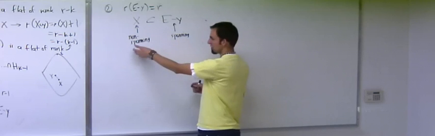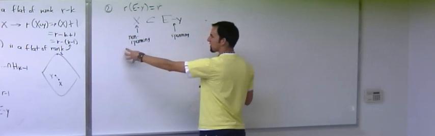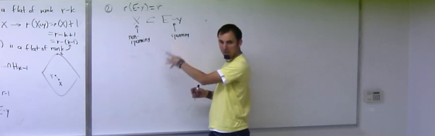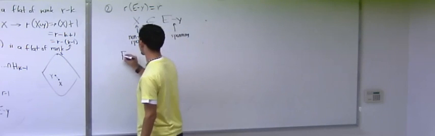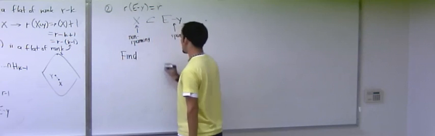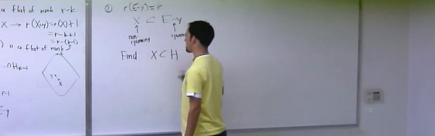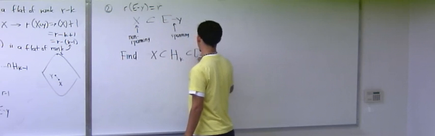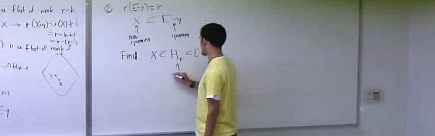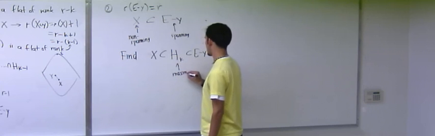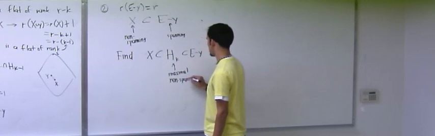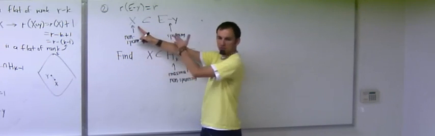So if I have something non-spanning inside something spanning, I can basically add as much as possible to this guy to make it maximal non-spanning. So I'm going to find something in between, which is maximal non-spanning. I can do that because this one is non-spanning, and I add things to it until I get something that's spanning.